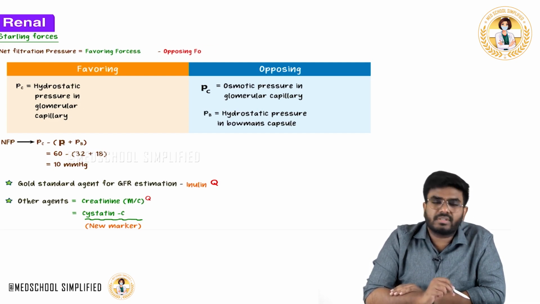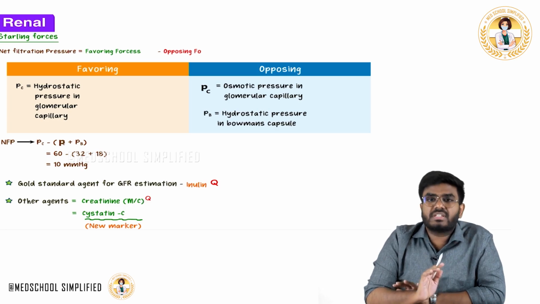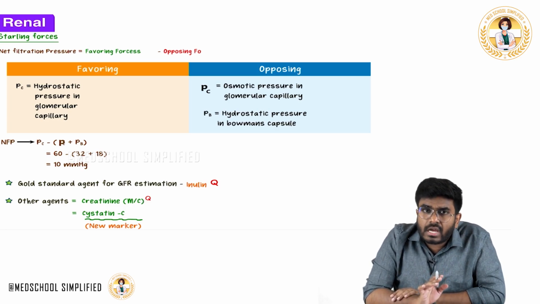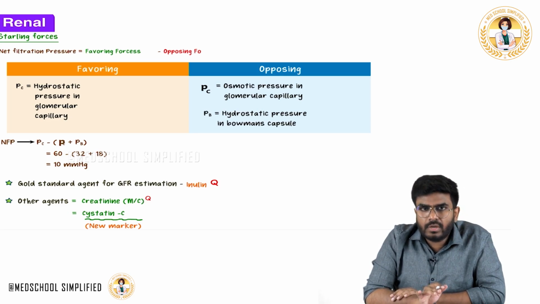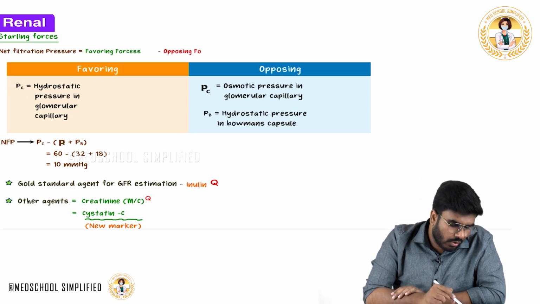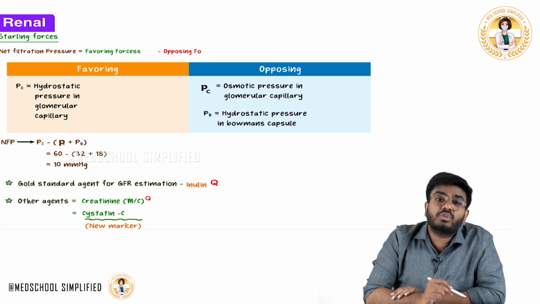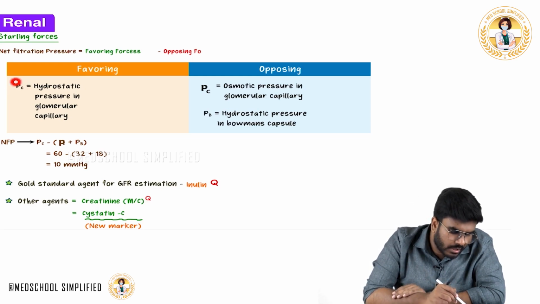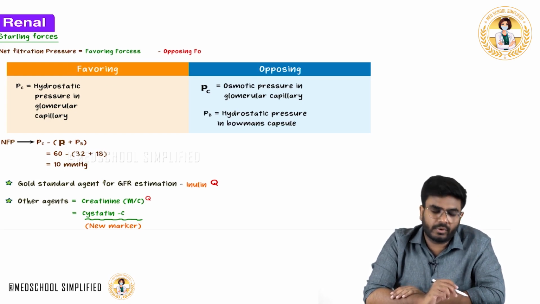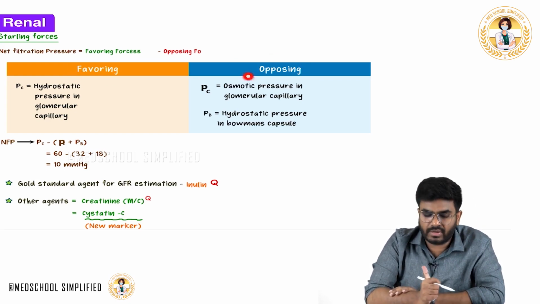The favoring forces are those which try to move the plasma from the capillary into the Bowman's capsule. The favoring force is the hydrostatic pressure, which wants to move the fluid from the capillary into the Bowman's capsule. PC is the hydrostatic pressure in the glomerular capillary. That is one favoring force.